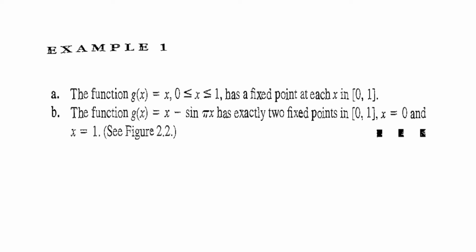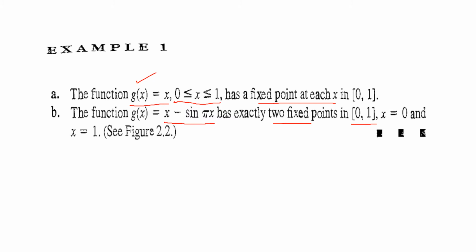We consider here two examples. If our function g(x) is just equal to x in this interval, this function has a fixed point at each value of x which belongs to the interval. And if our g(x) is equal to x minus sine of pi x, then we have two fixed points in this interval.